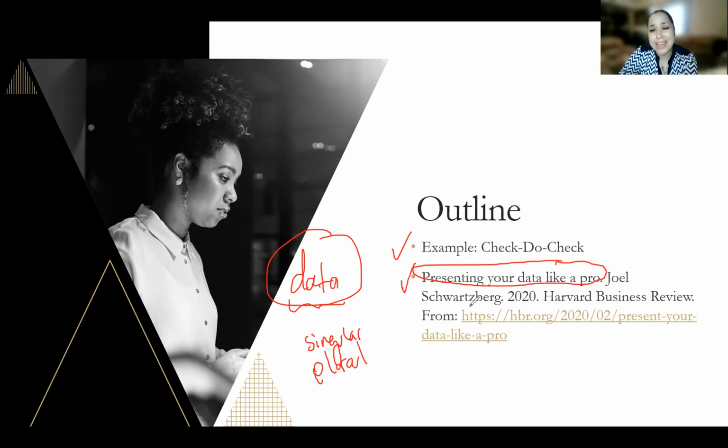I decided to include the reference here at the beginning. Most of the information I'm covering today is from Joel Schwartzberg. He wrote this article about presenting your data like a pro, and it's from Harvard Business Review. You can just click on it and read it.